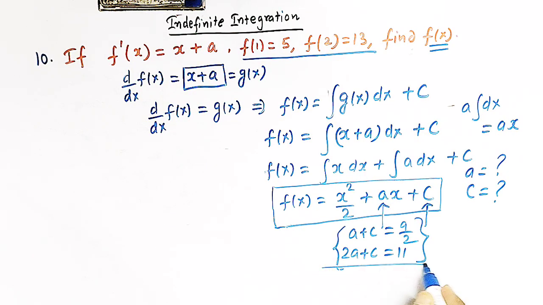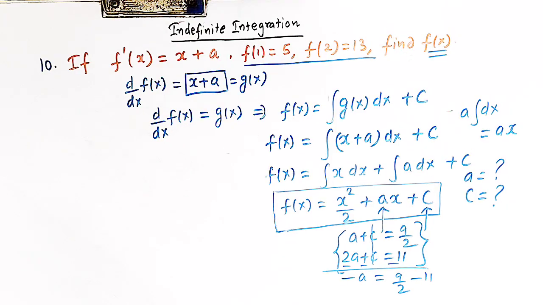If we subtract these two equations, then c and c get cancelled, and here we have a minus 2a is equal to minus a, and here we have 9 by 2 minus 11, that is equal to 9 minus 22 over 2. 2 times 11 is 22. So here we have minus 13 over 2.